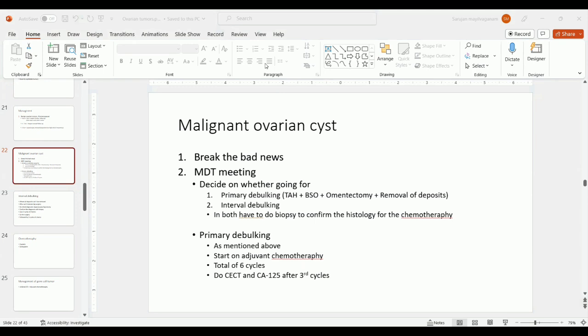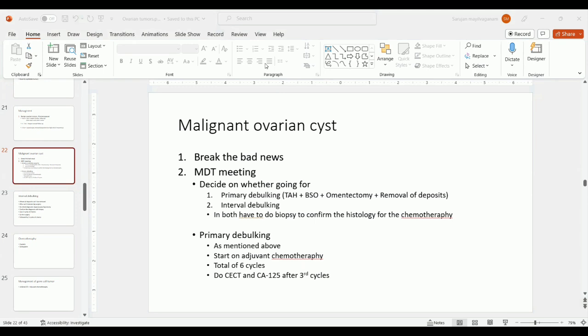If the patient is fit enough, then we can go for the primary debulking. At the same time, we have to make sure in the MDT meeting that we can remove all the deposits at the primary surgery. That depends on the patient factors and the cancer tumor factors.